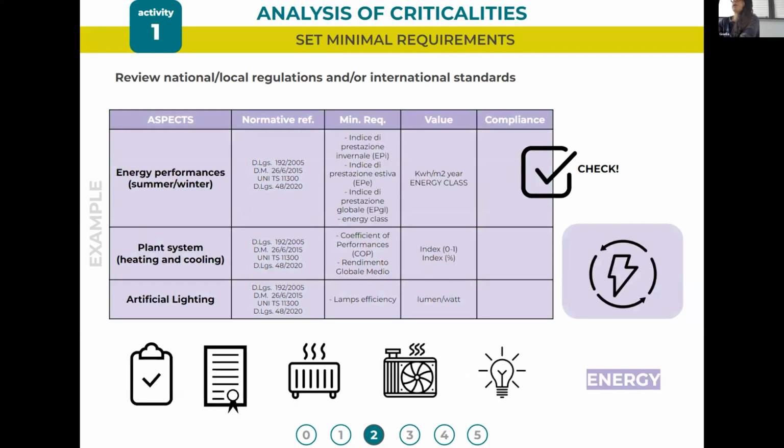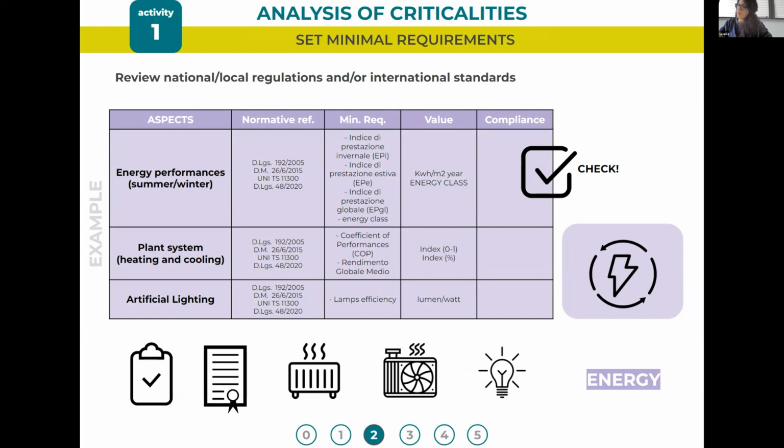For example, for the energy aspects, national or local regulations can set the minimal value for the performance in summer or in the winter season. Or they can set the minimal requirement for the efficiency of the plant systems or the efficiency of the artificial lighting.